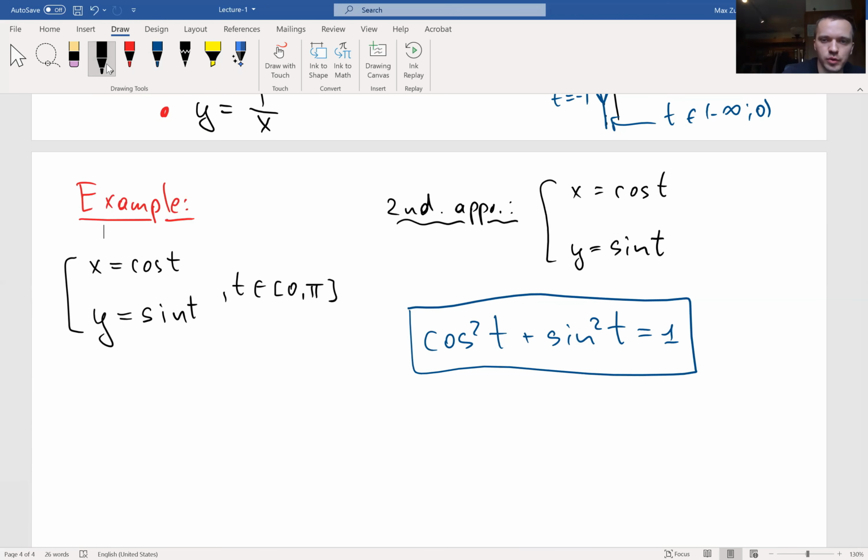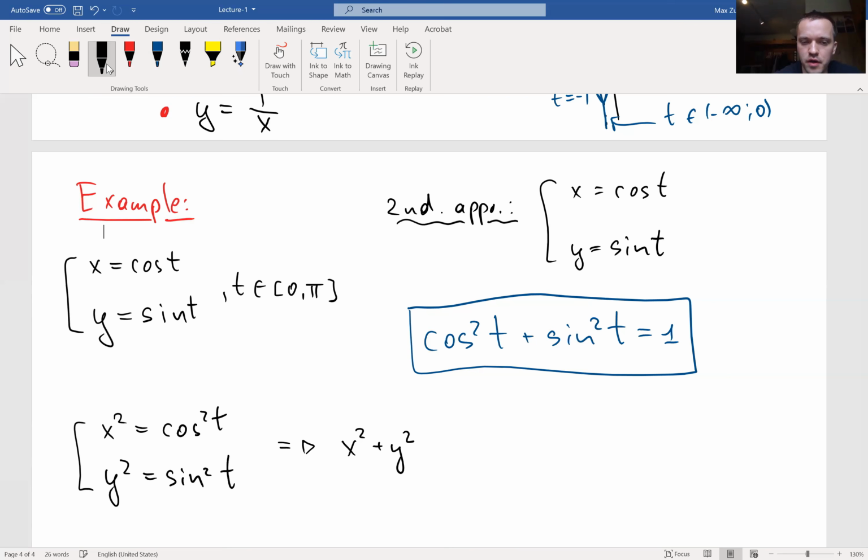So from here, if you're going to take your equations and square them, you will have x squared is equal to cosine squared t, y squared is going to be equal to sine squared t. And then we're going to add x squared plus y squared.